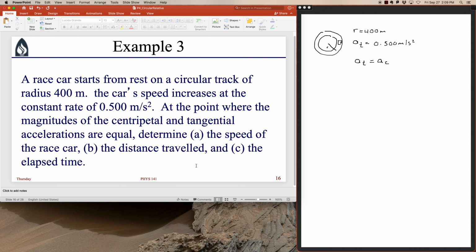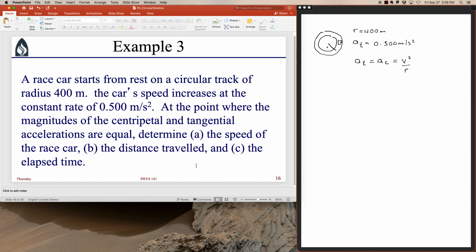One other thing I know is that centripetal acceleration is always equal to v squared over r, where v is the speed. So let's see. I know what my r is. I know what tangential acceleration is. So that means I should be able to find what v is. I should be able to find the speed, which would be the answer to part A of my question.